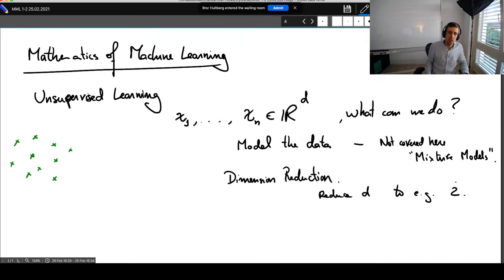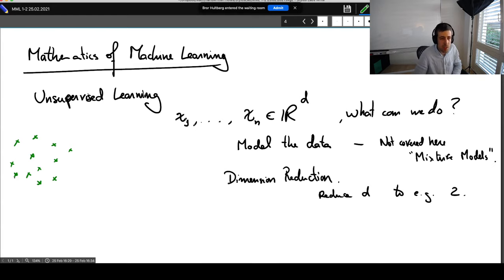So if I have points in D dimensions and I find some way of transforming them into points in 2 dimensions, then I can actually draw them. Then I can start making pictures like this on the left. And maybe then I see all sorts of interesting phenomena showing up because I start being able to visualize it.